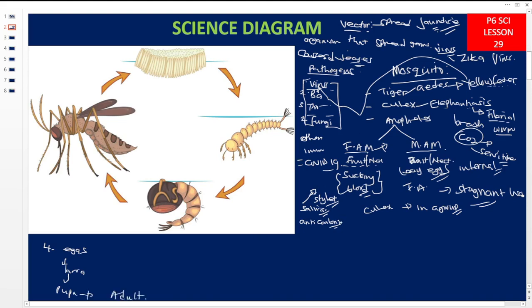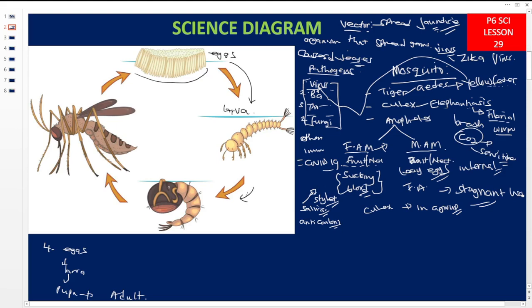Now let me change the color here so that we can see this one clearly. This one is not clear, so let us use black. Now when you look at this here, these are the eggs. This is the egg stage. These eggs are going to turn into this one, and this is what we call the larva.